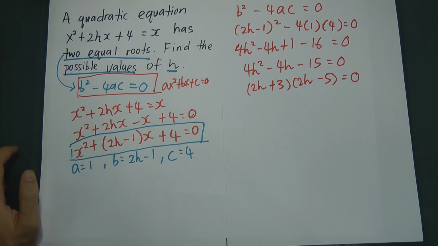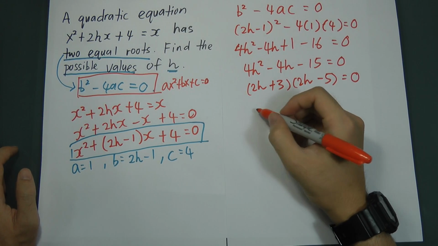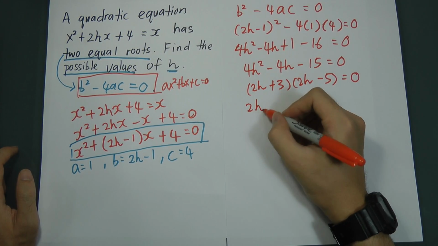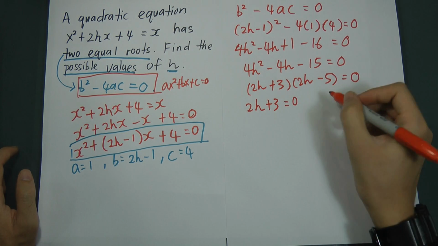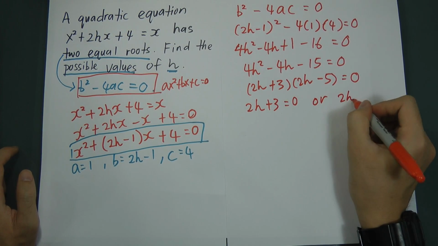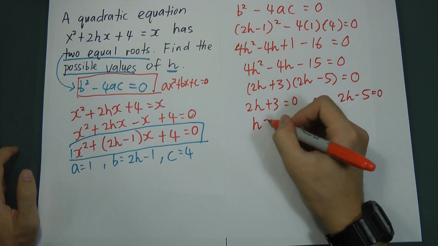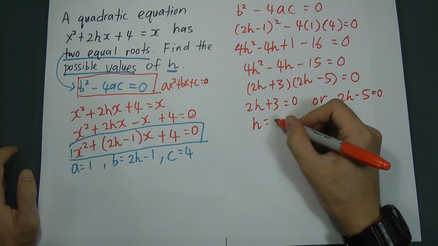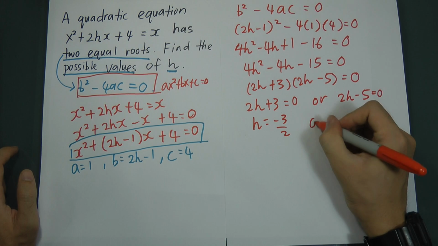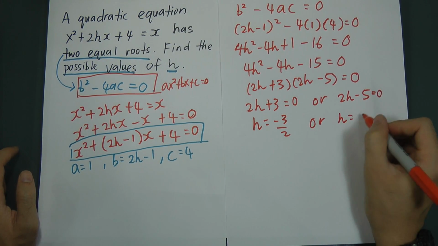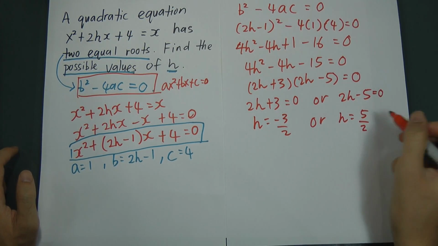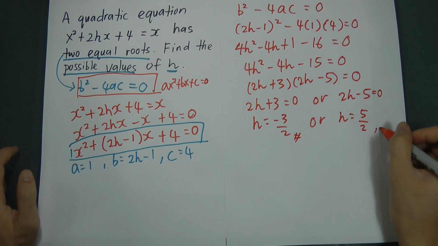Then we will get 2h plus 3 equal to 0, or 2h minus 5 equal to 0. So I will get h equal to negative 3 over 2, or h equal to 5 over 2. See, two possible values.